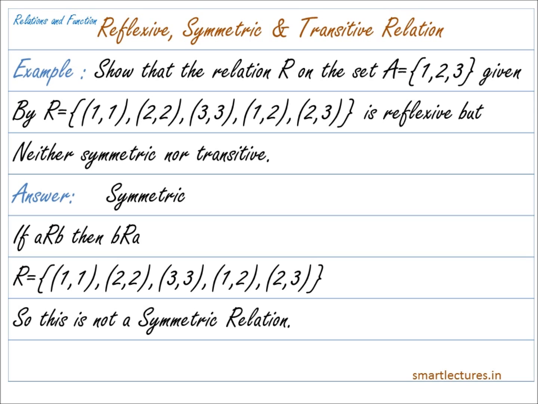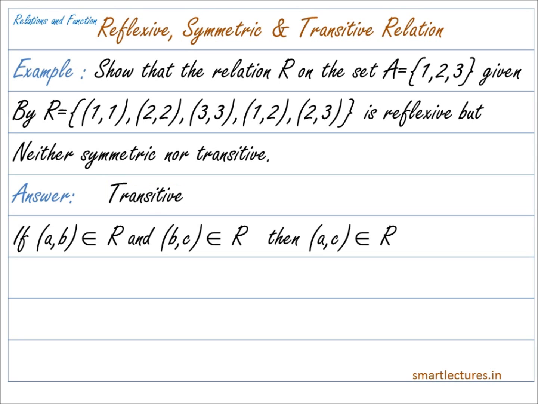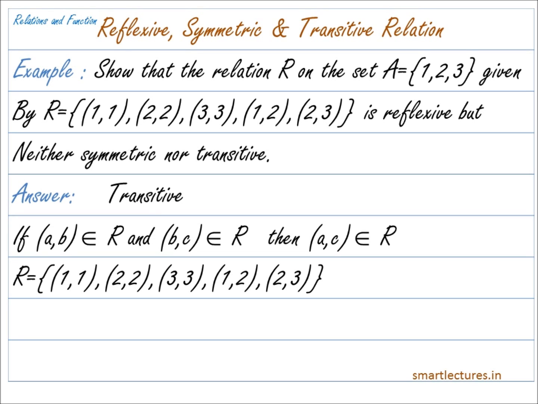Now let's check whether this relation is transitive. Remember, a relation is transitive if (a, b) is related and (b, c) is related, then (a, c) is also related. Let's see which pair we can check. Here (1,2) is related and (2,3) is also related.